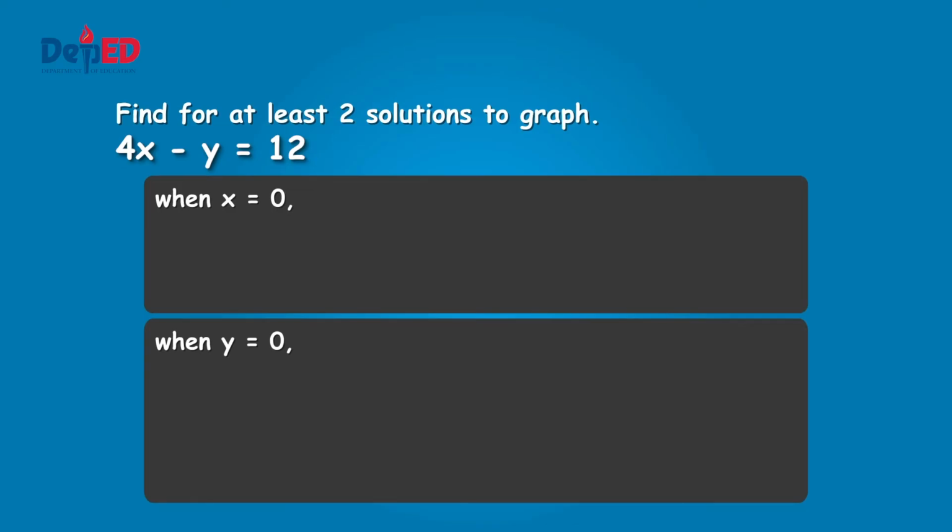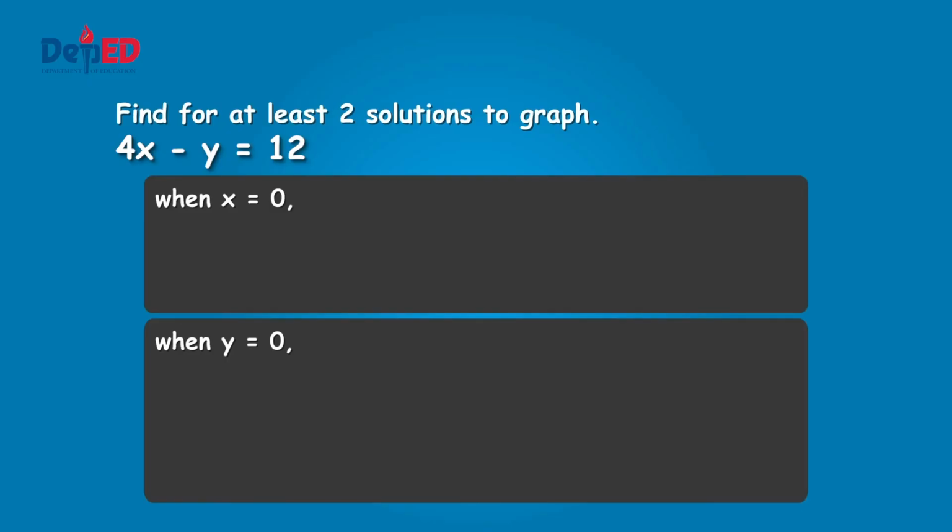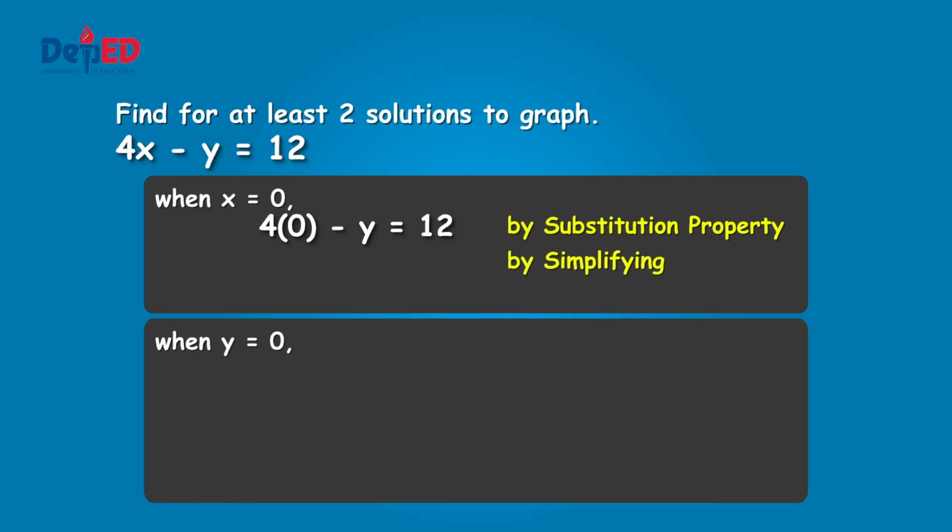Why is it? Because 0 values would mean less numerical values to calculate. So when x equals 0, by substitution, 4x minus y equals 12 becomes 4 times 0 minus y equals 12. This simply gives us the value -y equals 12, or y equals -12.